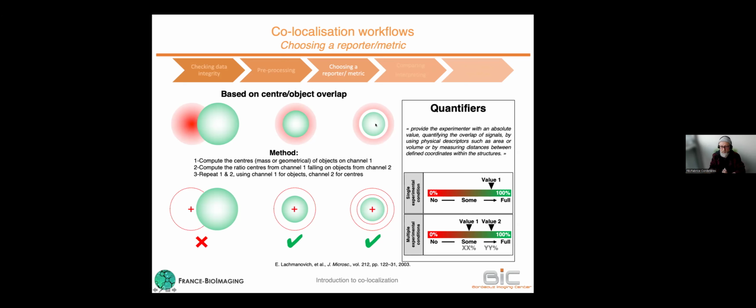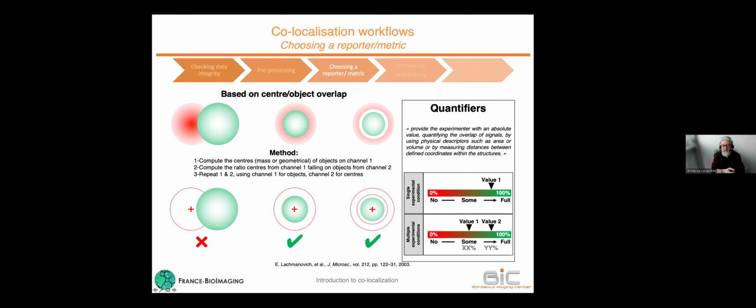But at the same time, if you want to know if your signal is on the outside of vesicles, you might combine several metrics. The one about the overlap, saying you don't have any overlap, but the center of one channel is falling onto the object from the other channel.